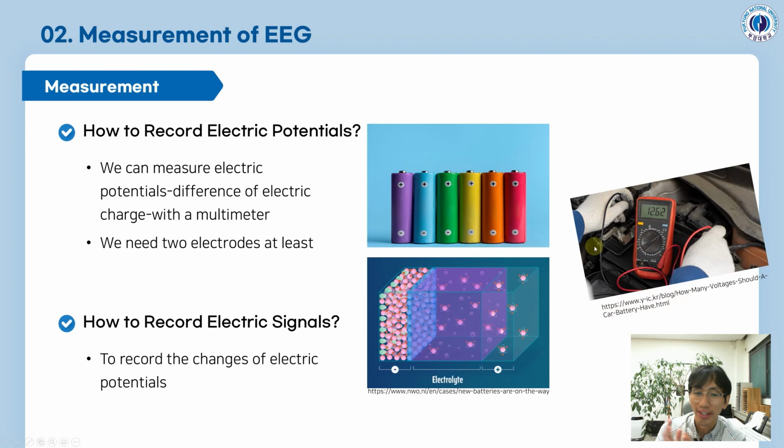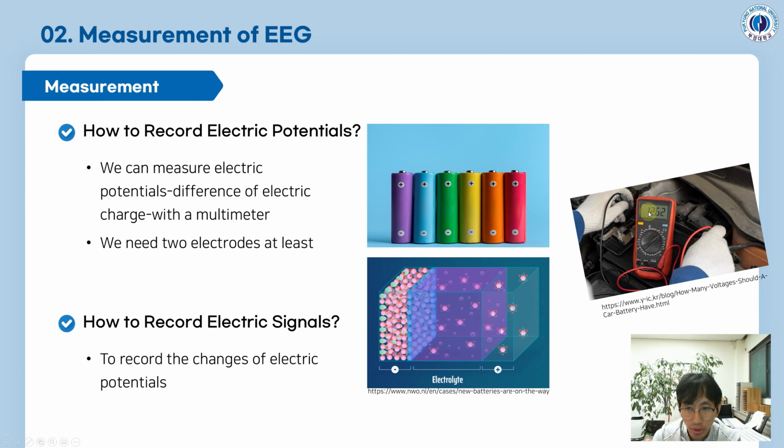Okay, that was the brain. And let's talk about how we can measure our brain activities. First, we need to talk about how to measure electric potentials in general. So we can measure electric charge between 2 points. You may know this kind of device, right?